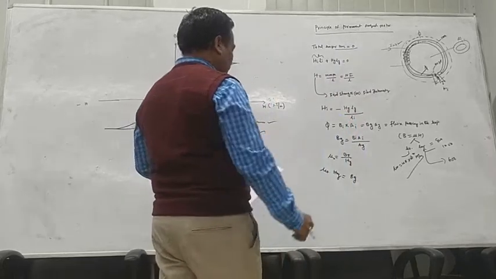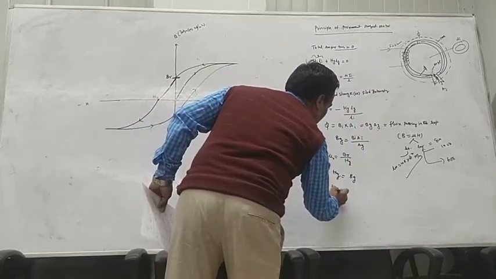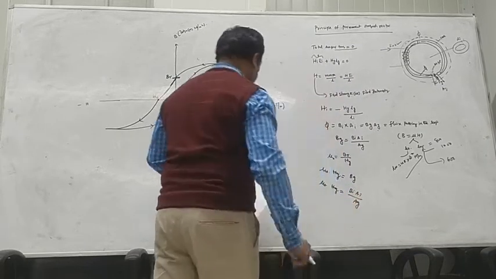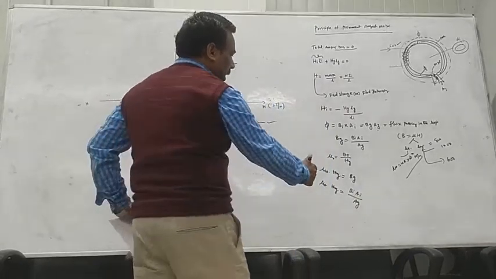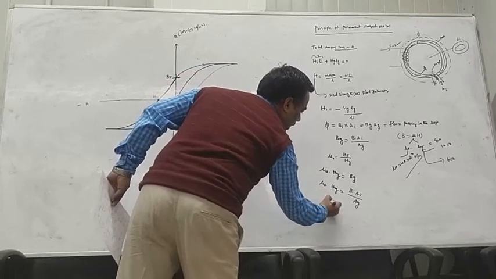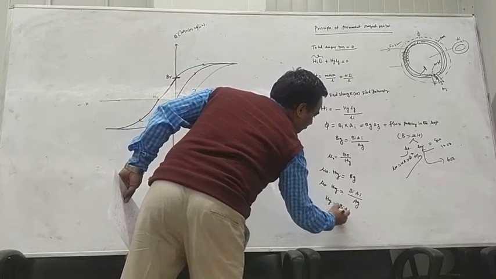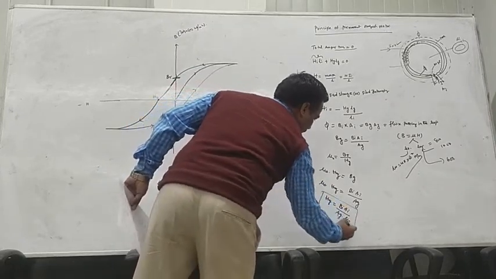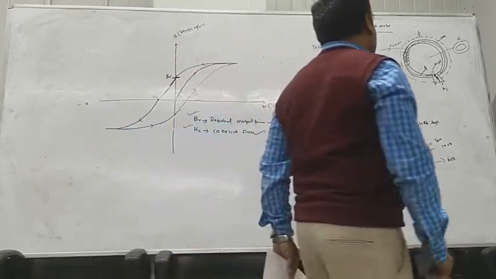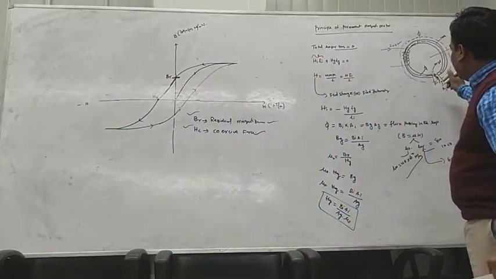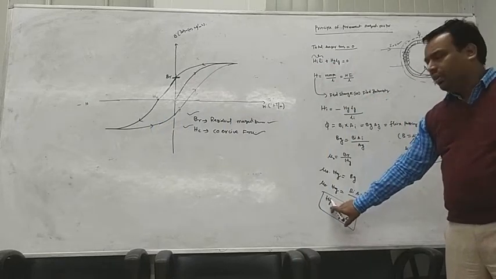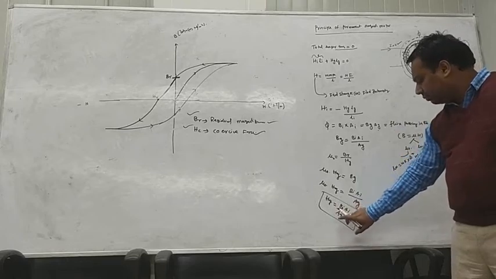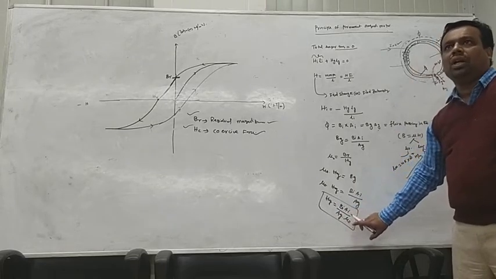As you know, Bg is equal to Bi into Ai by Ag. So from this, Hg is equal to Bi into Ai divided by Ag into mu naught. So this is the magnetic field intensity in the air gap. Hg is the magnetic field intensity in the air gap, with mu naught the absolute permeability.